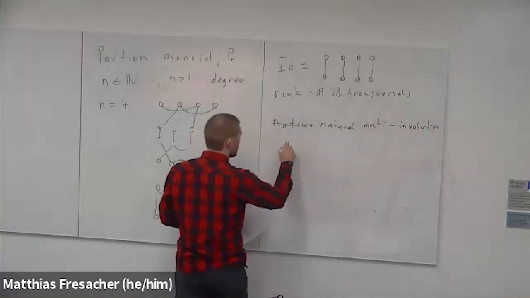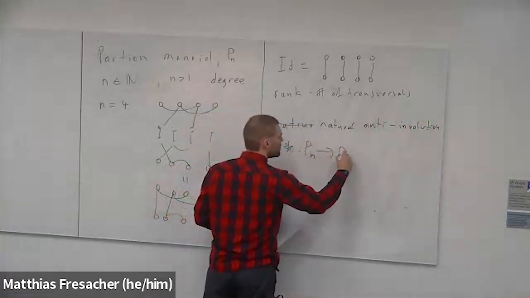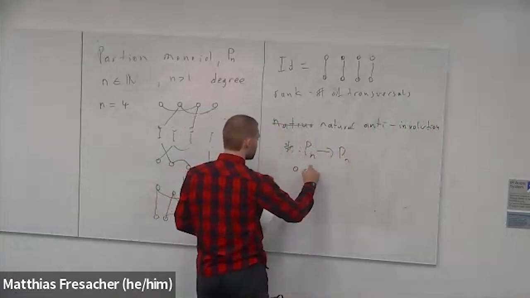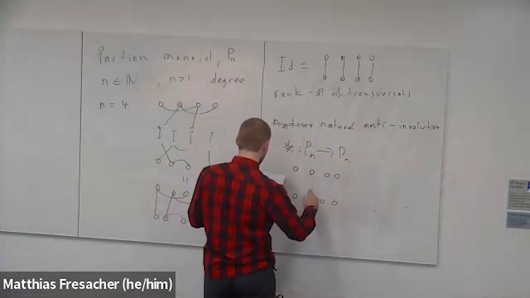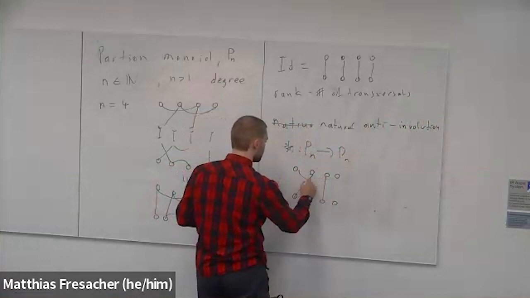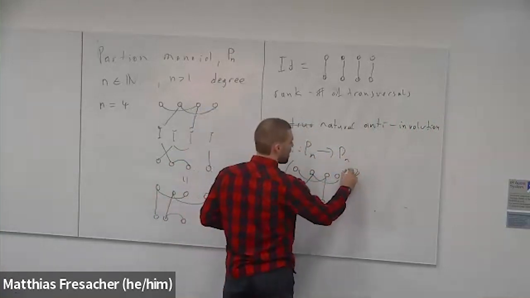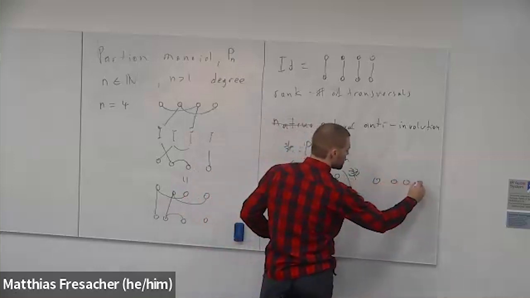And so this is a star map, and this takes diagrams and maps them to other diagrams. Specifically, if again we look at our example that we had here, what do we have here? This.